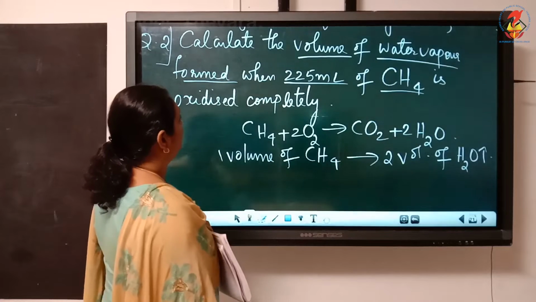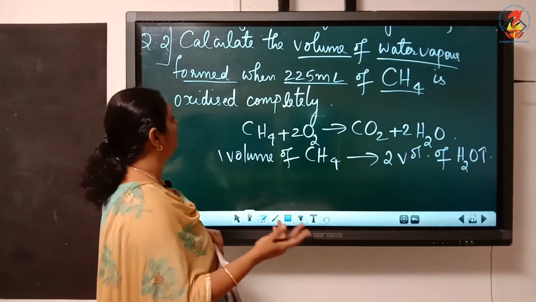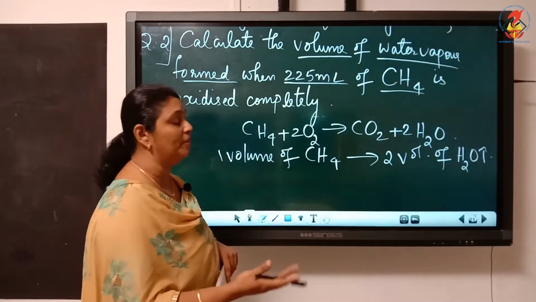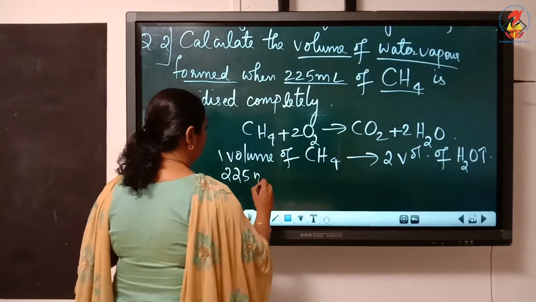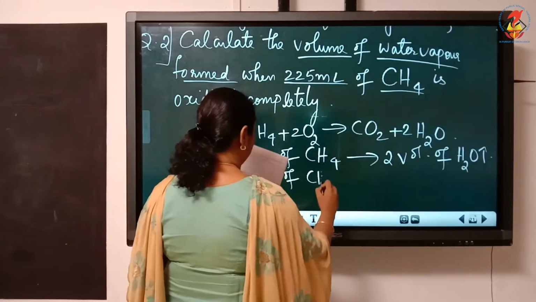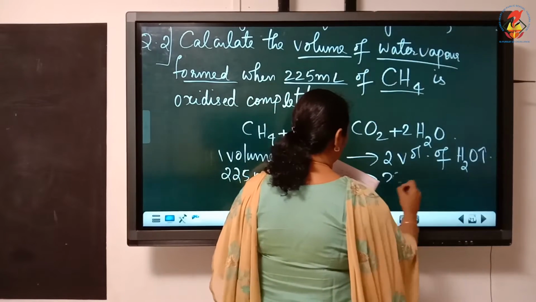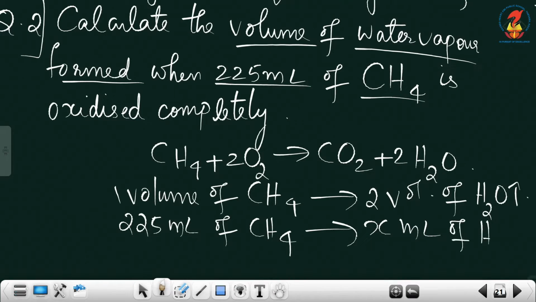Now, when 225 ml of methane is oxidized completely, what volume of water vapor is produced? So, 225 ml of methane will give X ml of water vapor.